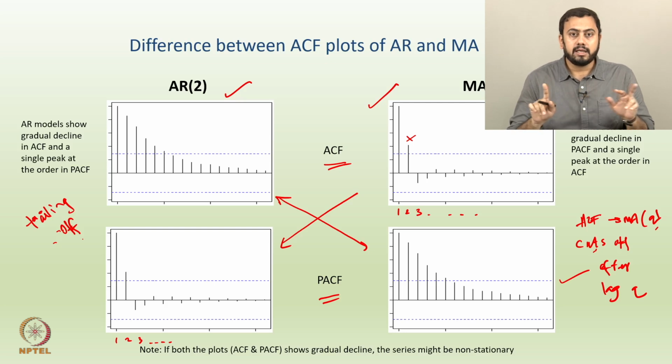And just one last line to leave you with: if you are trying to analyze any practical time series data, and at an initial level you want to find out what model could be best suited for it, then one has to plot both the ACF plot and the PACF plot and check the tendencies and behaviors within those plots to possibly suggest a good model for the underlying data. Okay.